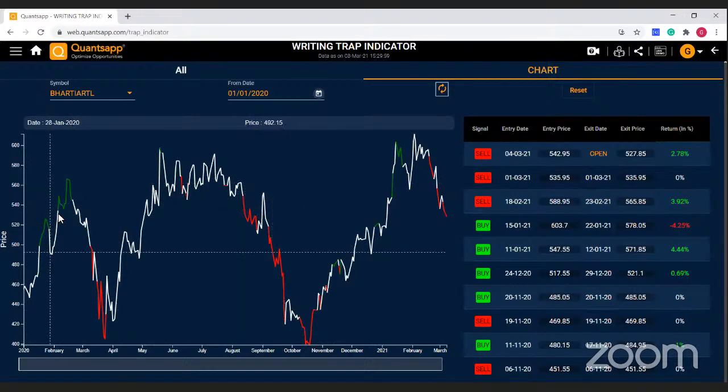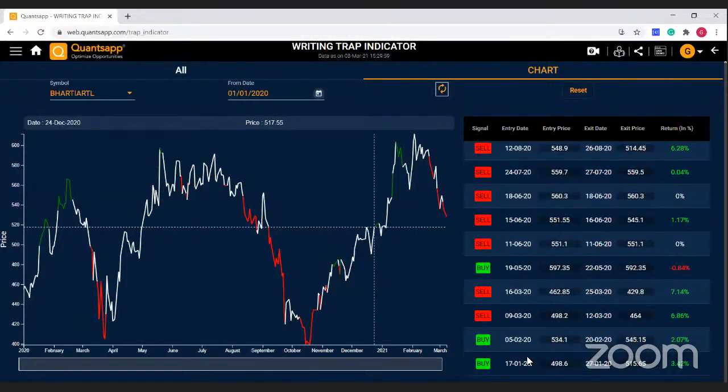On the graph, you can see the green lines, red lines, white lines. And on the right side, you can see the table indicating when the signal came. I start from the 17th of Jan, when the signal came, and it lasted till 27th of January 2020. You can see the return of almost 3.4%. Then on 5th of February, 2%.